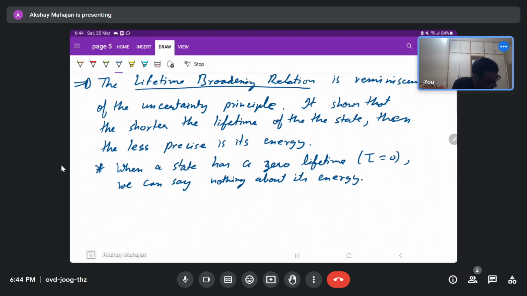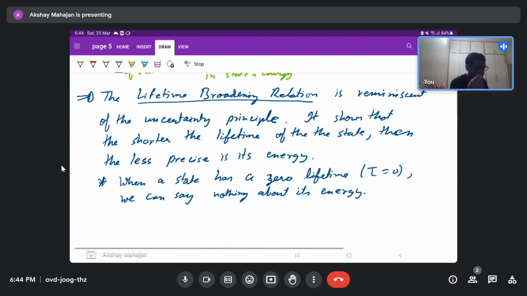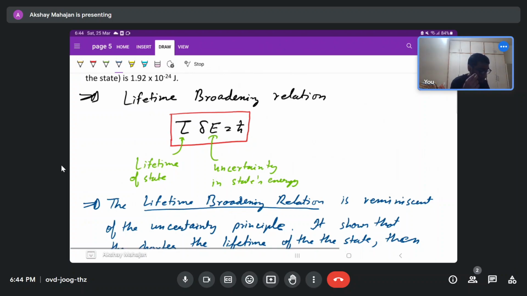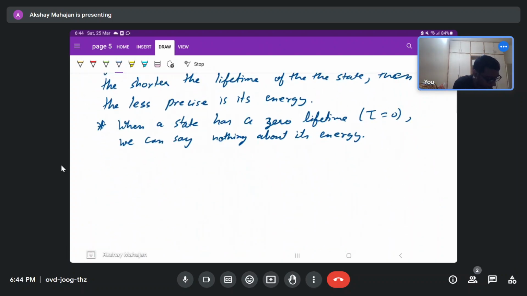Because when tau is 0, del E is infinite. So there is complete uncertainty about the energy of that state, and we can't say anything about its energy.